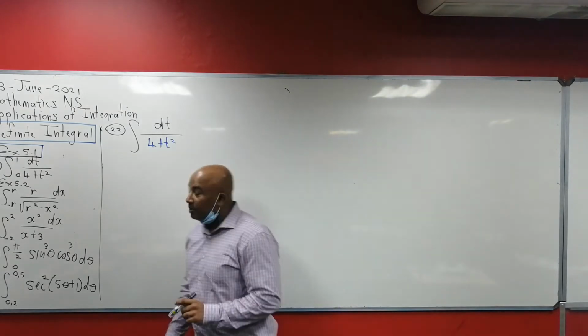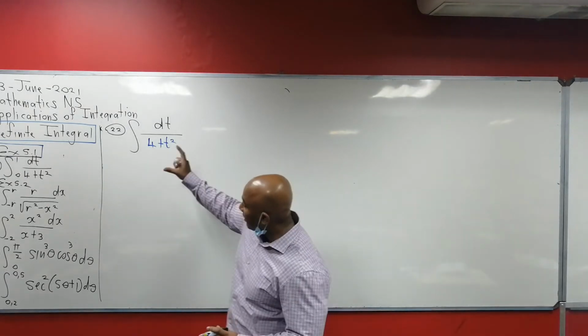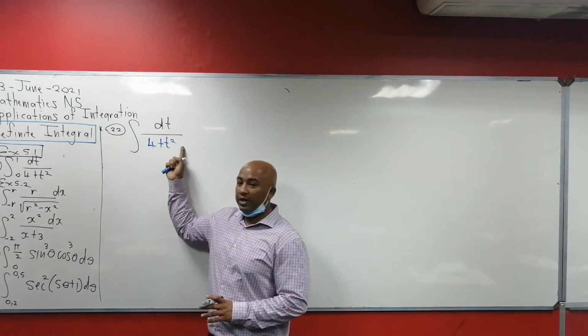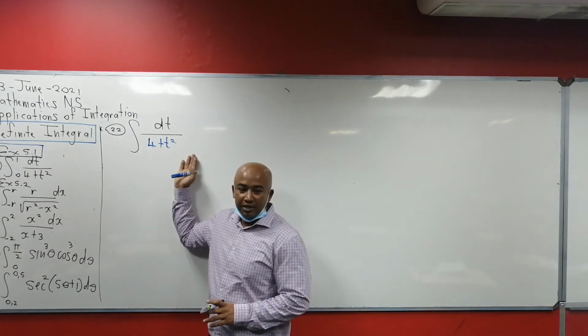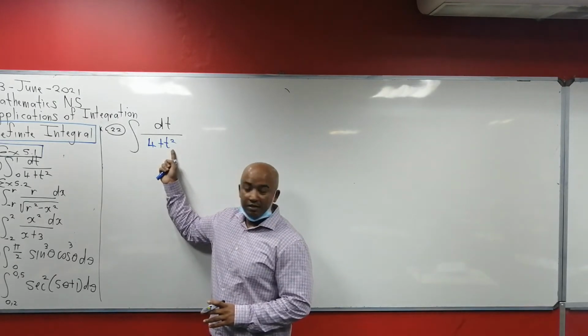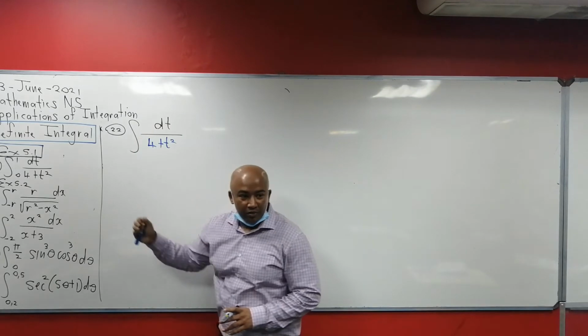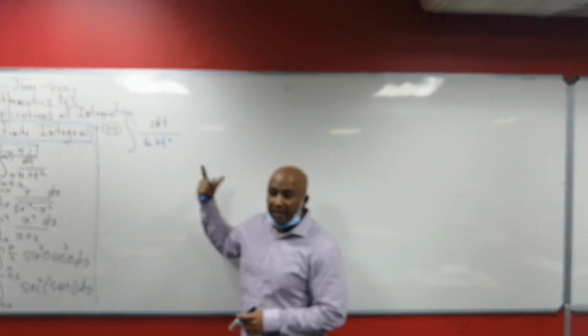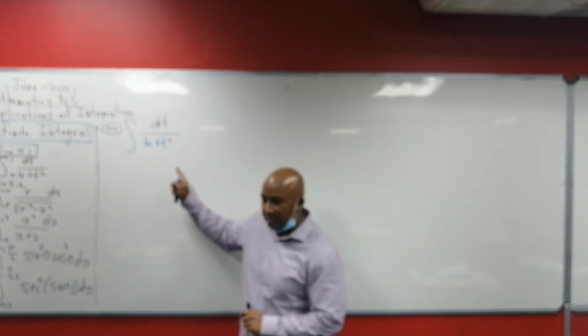The main point here is that it is a fraction. Let's check this denominator. The denominator is t squared, or 4 plus t squared. If you differentiate the t squared, it's going to be 2t. Do you see a t here? No. That means the method that I've been using in the previous example, exact derivative, does not apply here. You can see that.